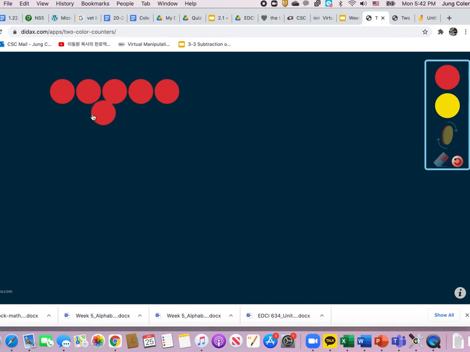I love 10 frames, so I'm going to arrange these similar to 10 frames. Okay, so 7, 8, 9, 10, 11, 12. So maybe I can put a space there. So 12, that's how many Sandra had. Okay, so 12 pennies. She gave some to George. Now Sandra has 8 pennies. 8 pennies. So we can separate this, right?